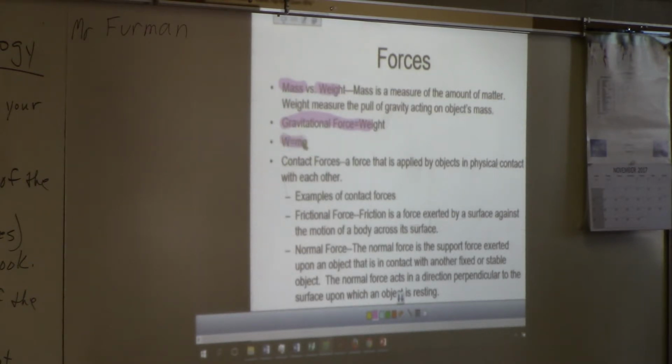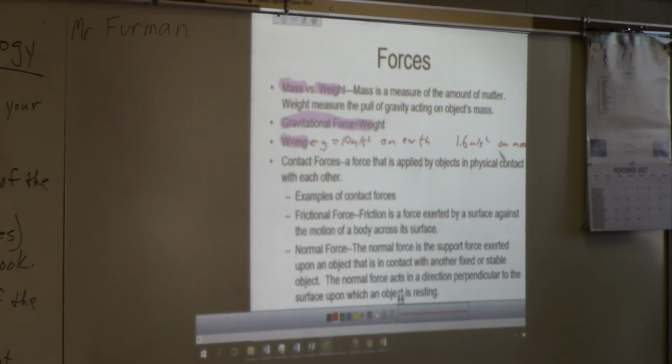Weight is mass times little g, which is 10 meters per second squared on Earth, and I think about 1.6 meters per second squared on the moon. So you will weigh differently. Stand on a set of scales on the moon, you're going to have a different weight. Your mass does not change.